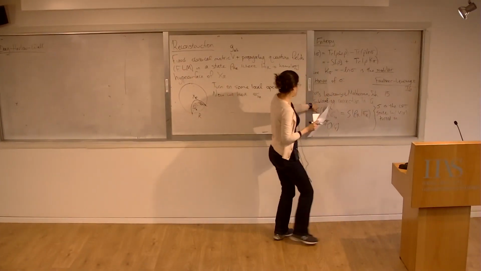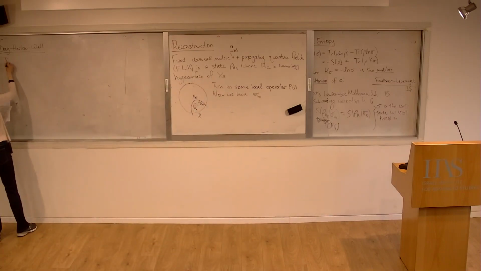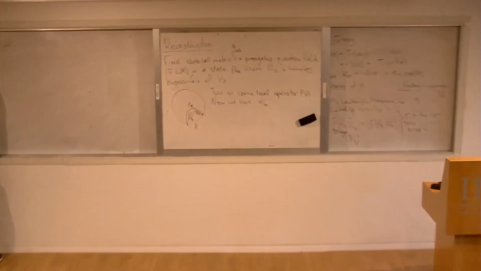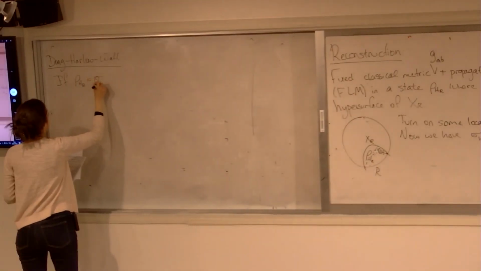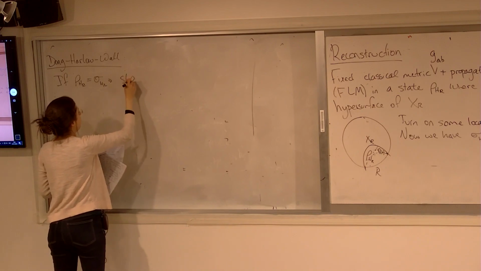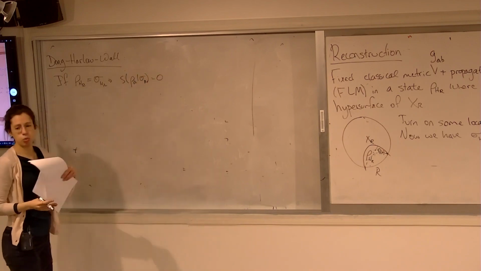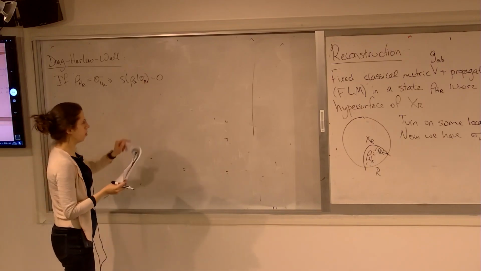Leave this JLMS up here. Going from the JLMS, if rho HR equals sigma HR, this tells you that the relative entropy between rho R and sigma R is 0, by JLMS, which tells you that these two are going to be the same up to subleading corrections.